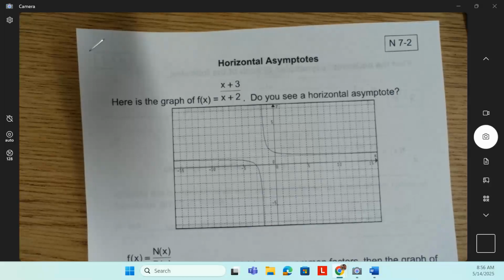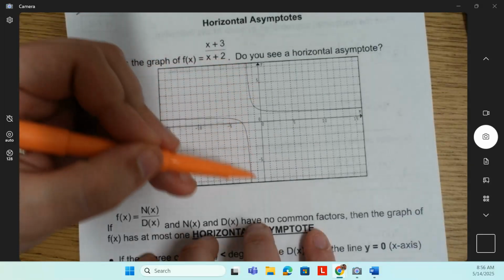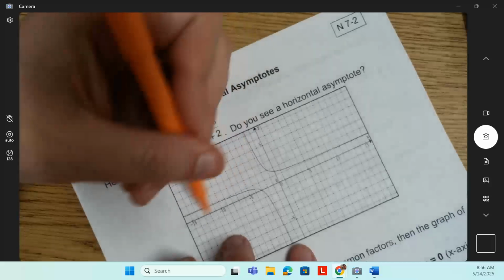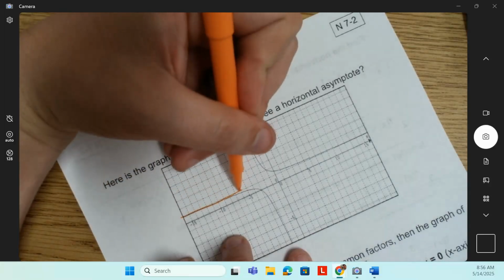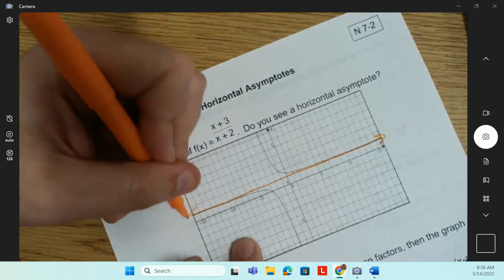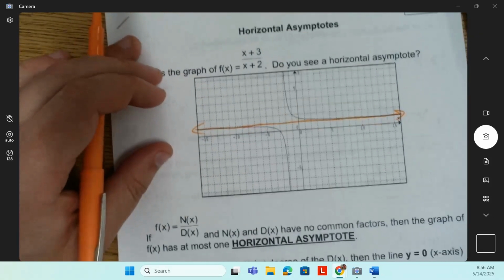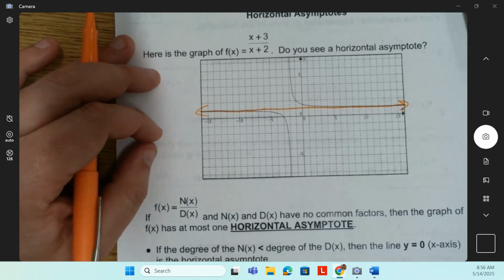Then you have in 7.2 our horizontal asymptotes. Now we're not looking at the vertical line we talked about. You also have this horizontal line here that cuts it apart. For this one it would be y equals 1. And so there are a couple of rules for this.